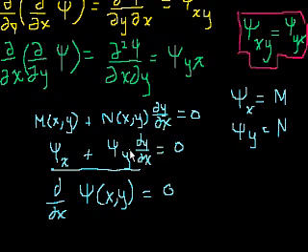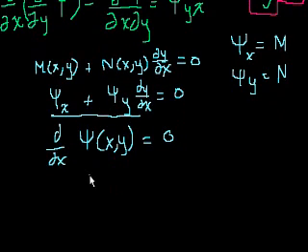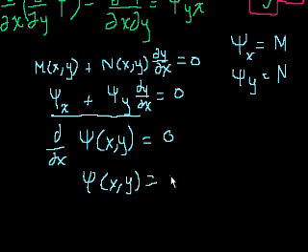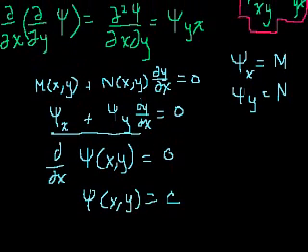If it is an exact equation, and I'll show you how to test it in a second, then this can be written as the derivative of some function xi, where this is the partial of xi with respect to x and this is the partial of xi with respect to y. And then you take the antiderivative of both sides, and you would get xi of x and y is equal to c as the solution.